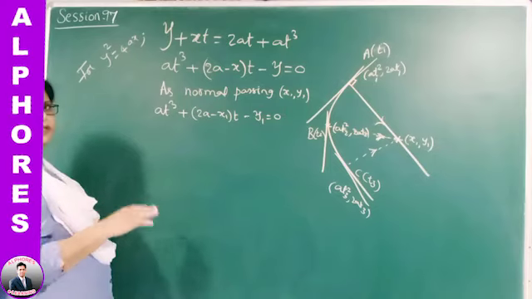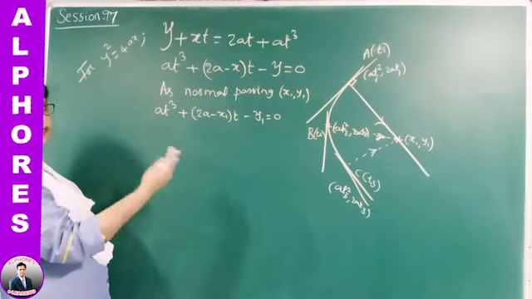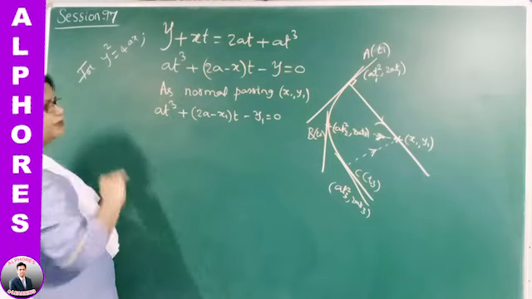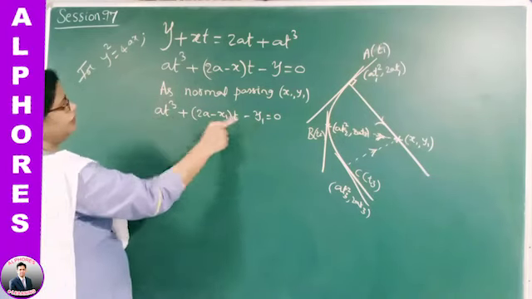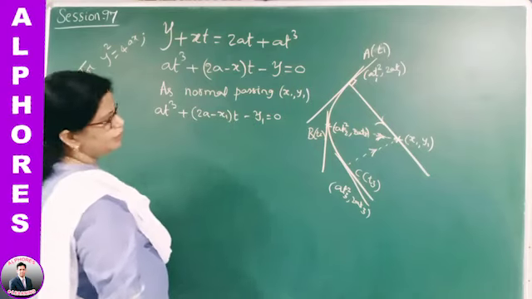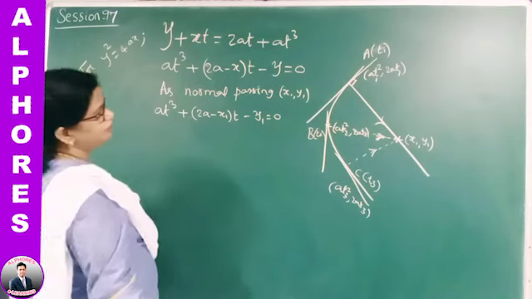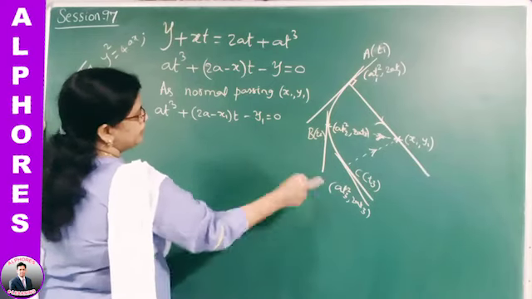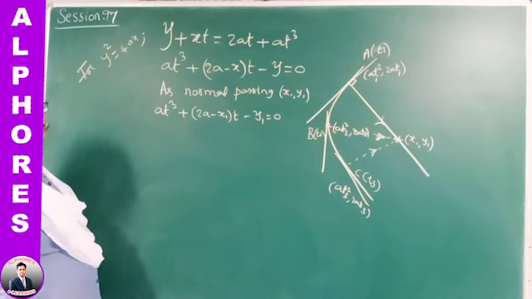Under different conditions we can say how many normals exist, which we will discuss separately. Now suppose 3 normals exist, passing through a common point, that is (x1, y1). Then the 3 points are said to be co-normal points, or feet of normals.